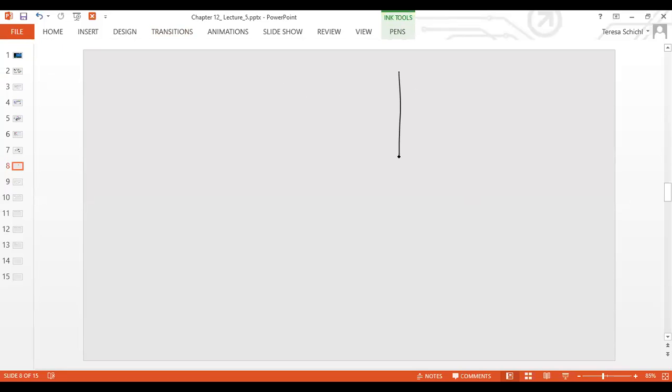So this is my coordinate system, x, y, z, R3, and now I have a plane here. Let's assume this plane is in R3. Now how do I uniquely determine this plane?